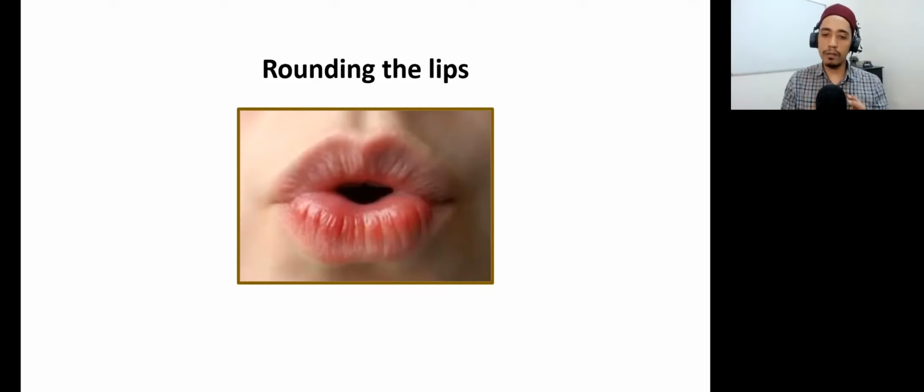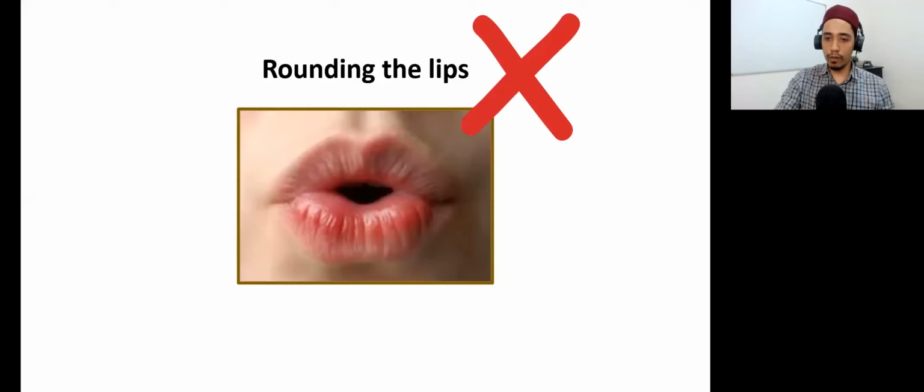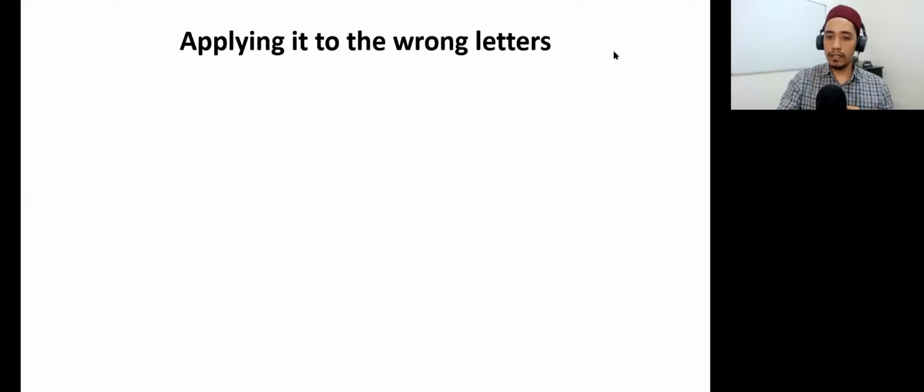That's a common mistake. So let us know if you've been making that mistake. So kho, not kho, kho, not kho. Has anyone here been making that mistake? Okay, excellent. So you can practice that. Don't round your lips.